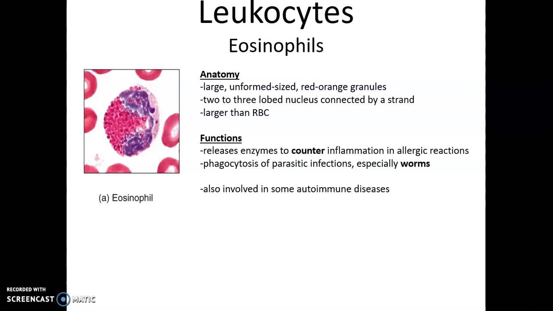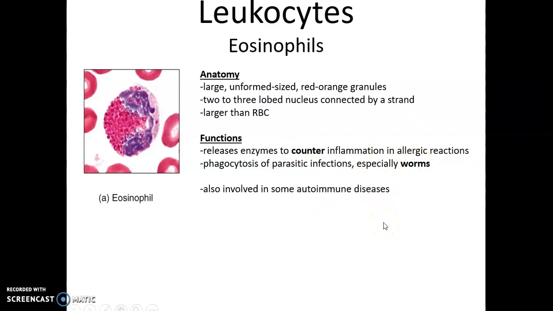So we have one white blood cell, one leukocyte that stimulates inflammation, and another, the eosinophils, that counters inflammation, because again, inflammation is only good for short periods of time in localized places. Turns out eosinophils are also involved in phagocytosis of parasitic infections, so they're involved in engulfing and destroying parasites, especially parasitic worms.